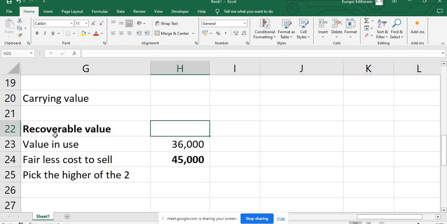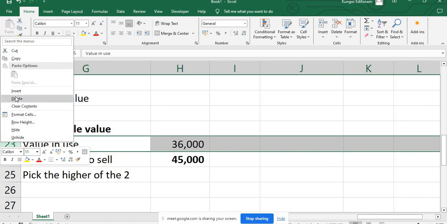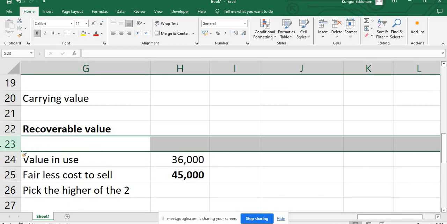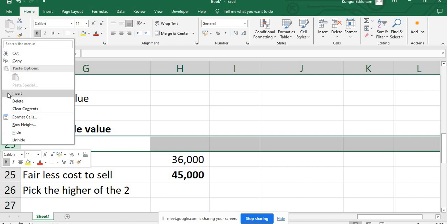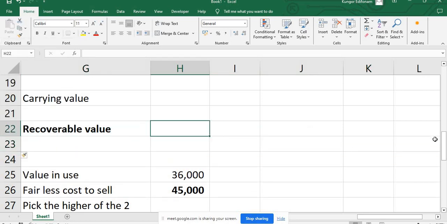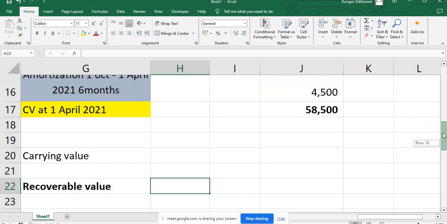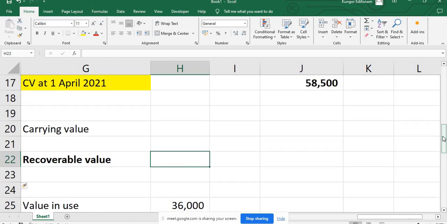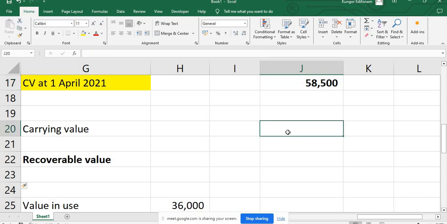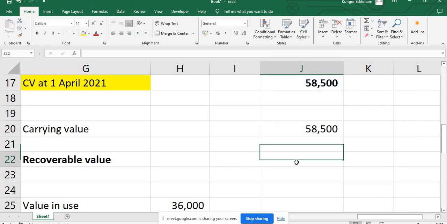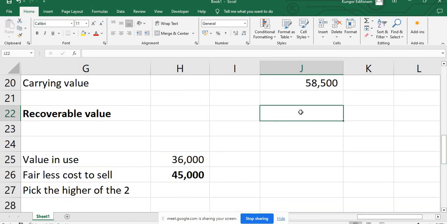Okay, very good. So since our recoverable value is 45,000, we now have our carrying value as 58,500, and then we have the recoverable value as 45,000.